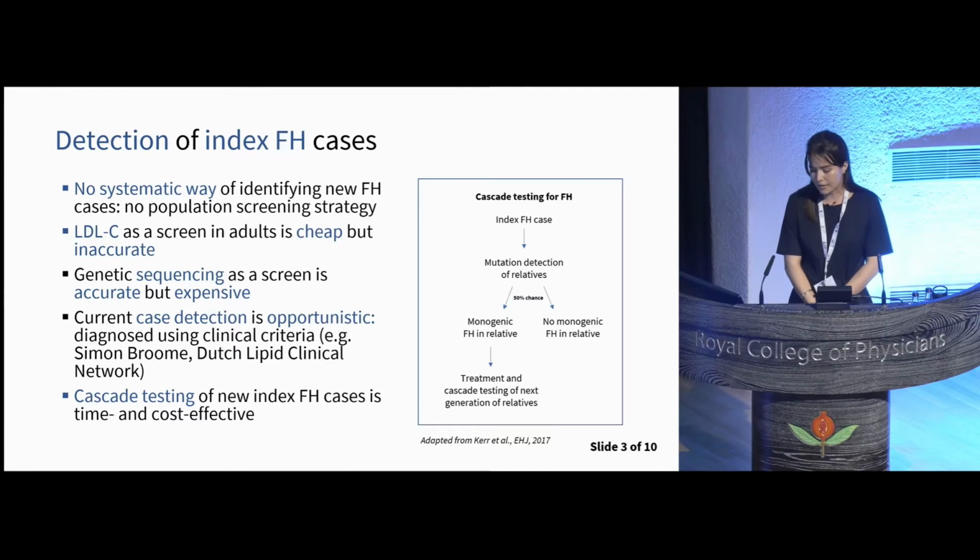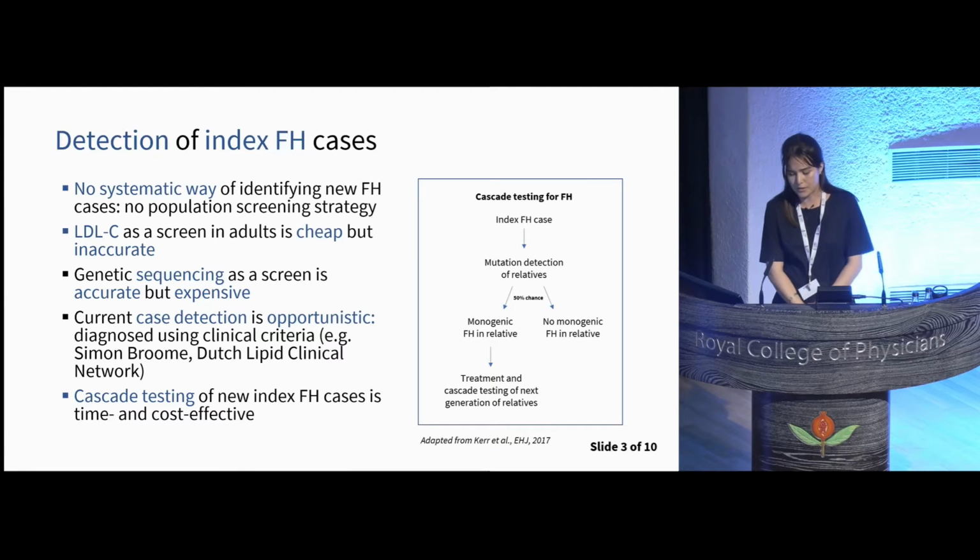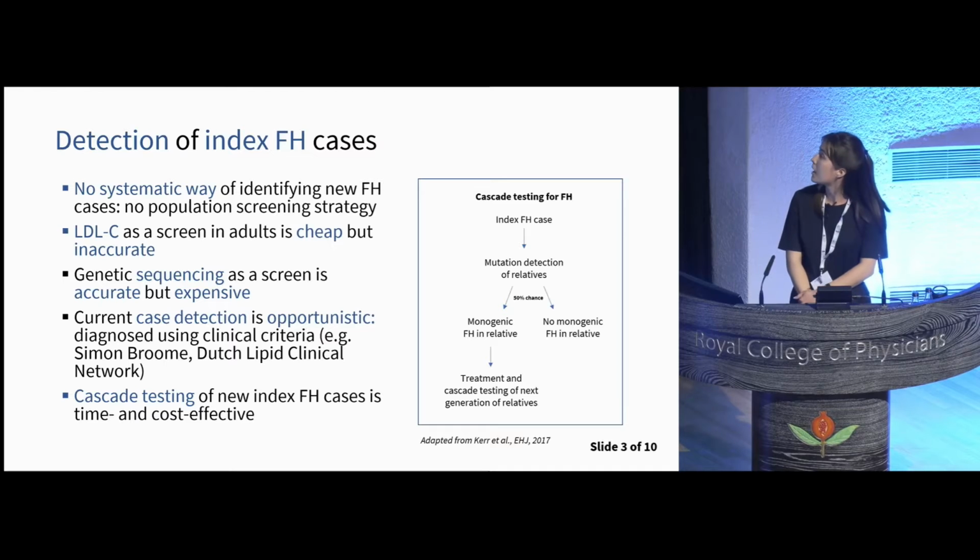So current case detection is done in an opportunistic way, and new patients are diagnosed in the clinic using clinical criteria such as the Simon-Broom and the Dutch Lipid Clinical Network. And once a new FH patient has been diagnosed, cascade testing has been shown to be highly time and cost effective, as illustrated in the figure.